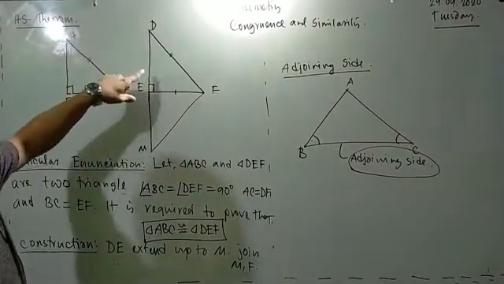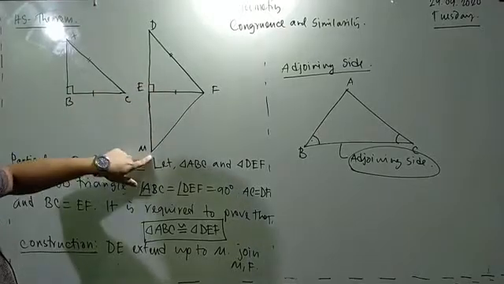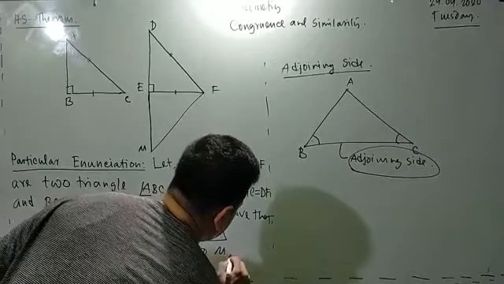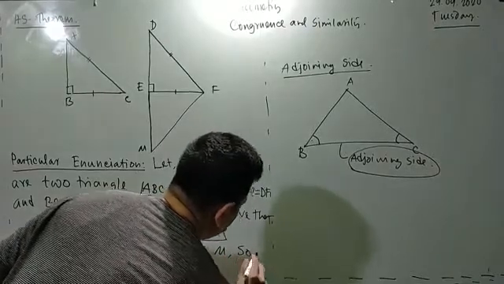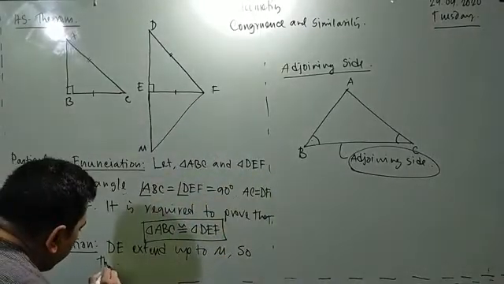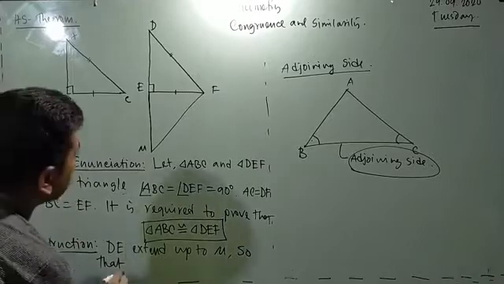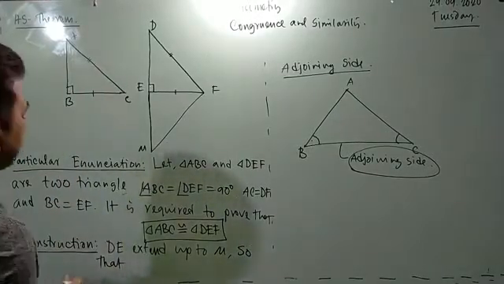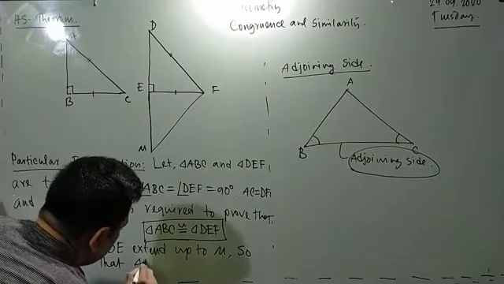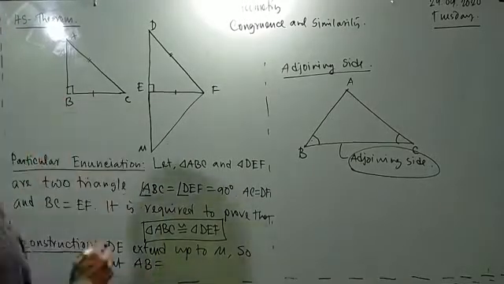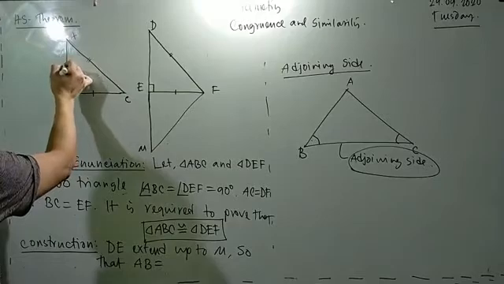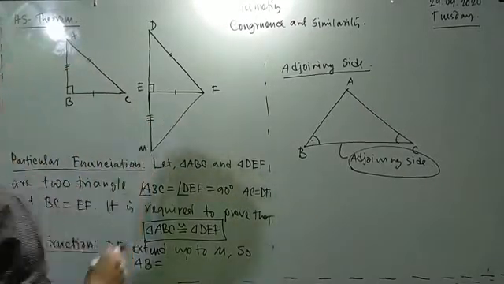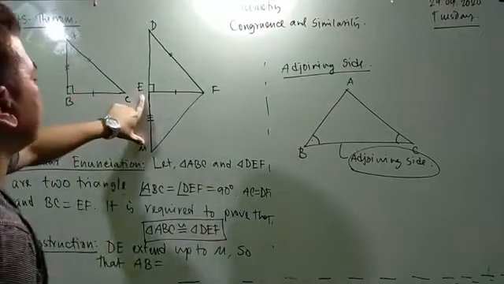We just extend DE up to M, such that EM equals AB, so this side equals this side.